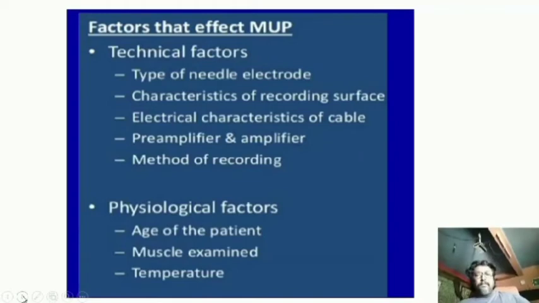And it also depends upon the location of the muscle which is under examination, and also the temperature under measurement. These are the three important physiological factors that are going to affect the end result.